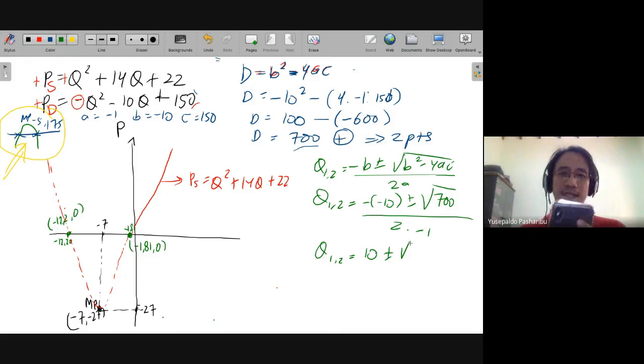Let me calculate it using the calculator in my iPhone.